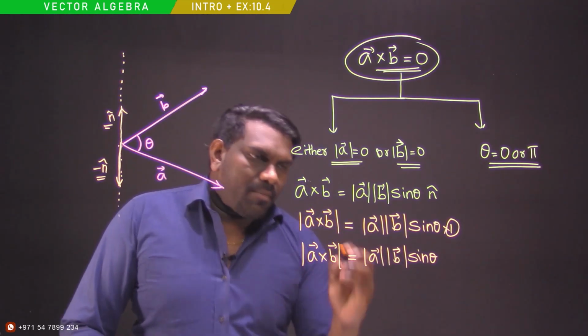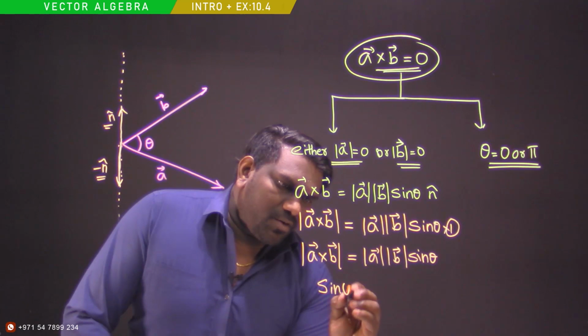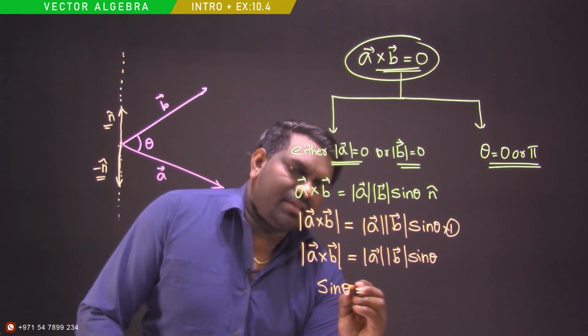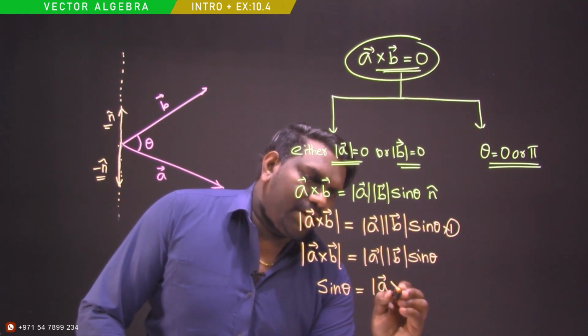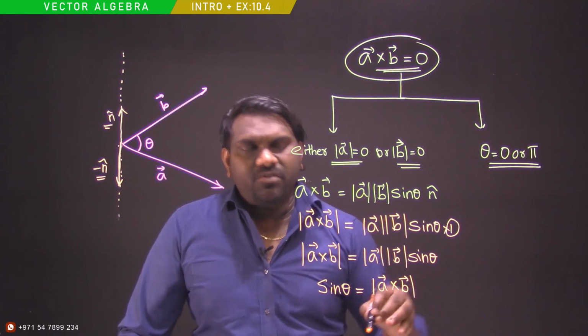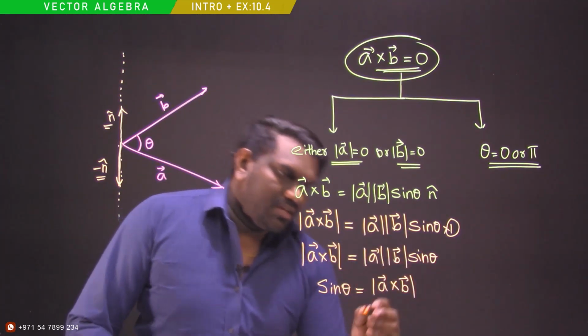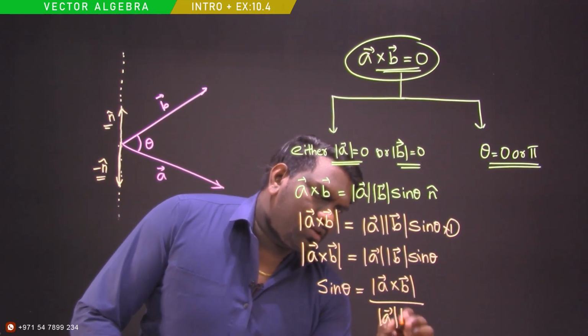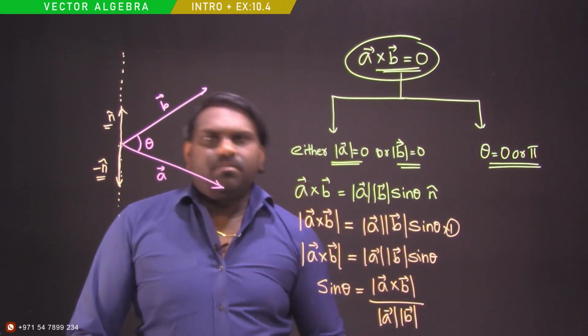Now what am I up to? I'm up to find first sin theta, then theta. So from here what I can write, sin theta is mod A cross B. That means you need to find the cross product of A and B, and then you need to take the modulus value, and divide it by what? These two will come down. Upon mod A vector, mod B vector dear.